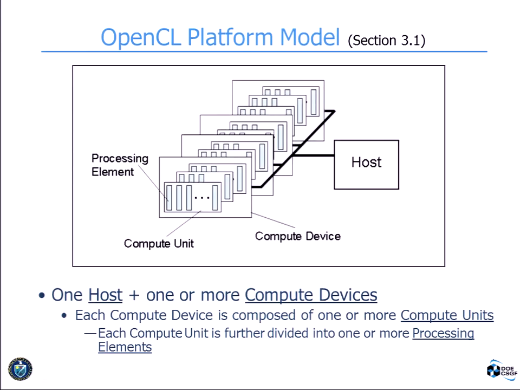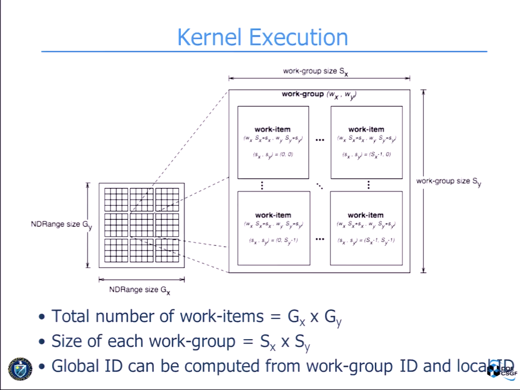You have some host that provides some of that basic functionality, like I mentioned earlier, basic operating system functionality and so forth. But it has a number of devices hooked to it, and each one of those devices is essentially in a hierarchy, and you can control and talk to each one of them, and then each one of them has a processing element on it, and you basically decompose it down to a level where you can run these kernels on it.